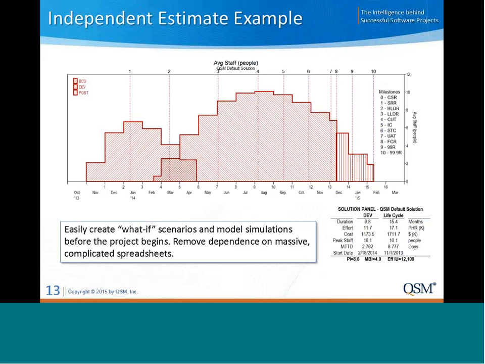And here's an example scenario with SLIM. And again, as I mentioned, it allows you to create what-if scenarios very quickly, which is really helpful in that first phase when you're deciding whether to do a project and maybe thinking about what approach you want to take.